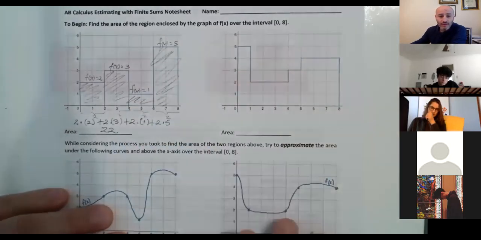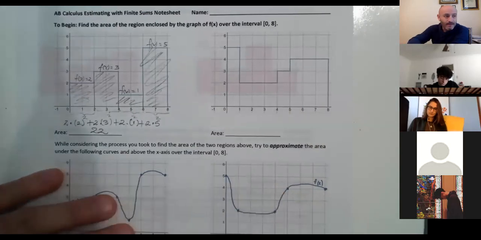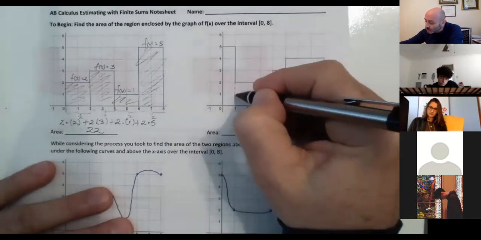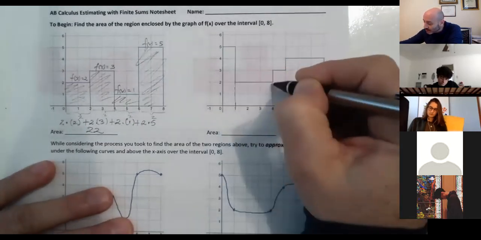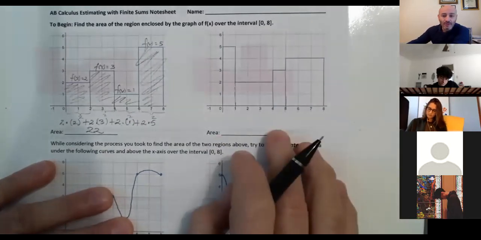If we try to do the same thing for this particular graph, then we can see that it's easier here to split this up into these rectangles. And if you look at them, obviously they don't have the same base length.